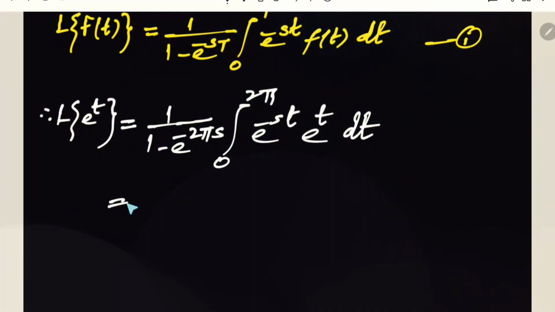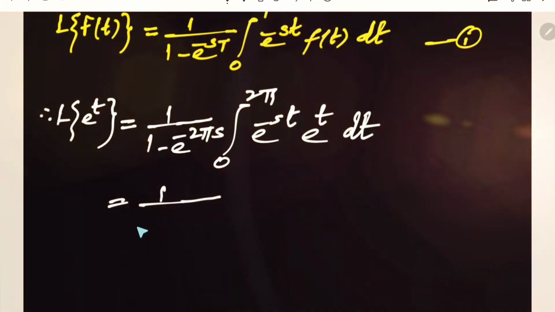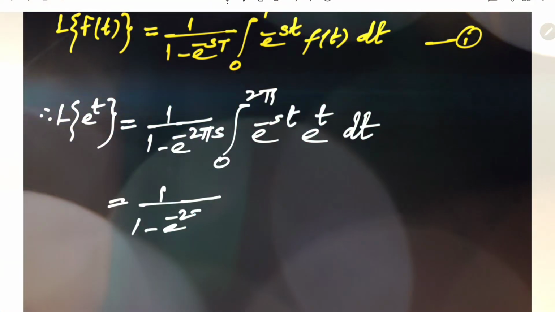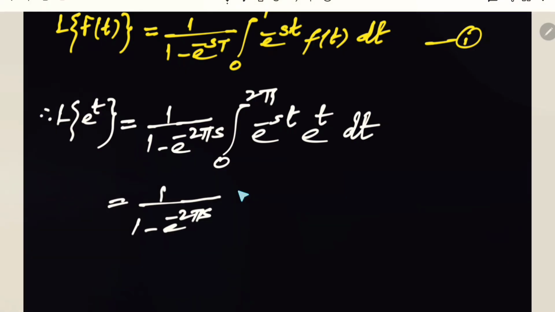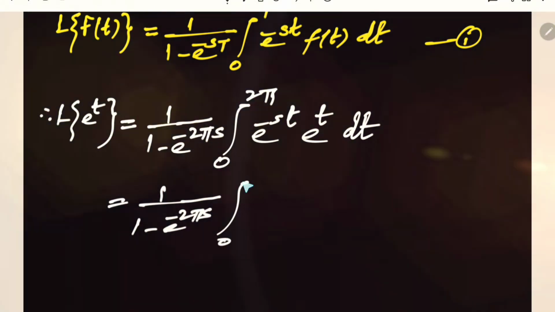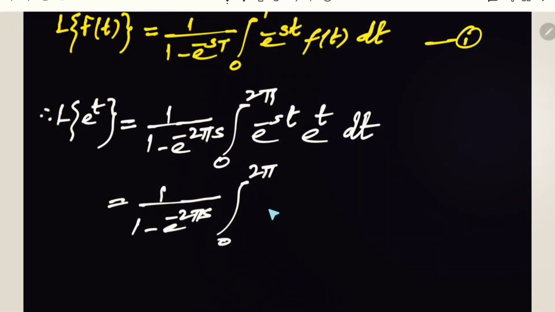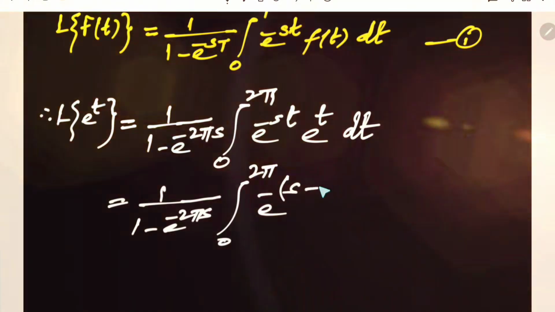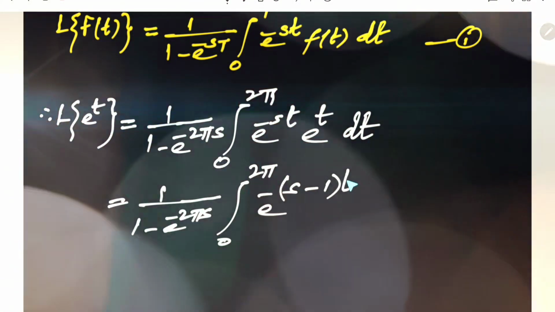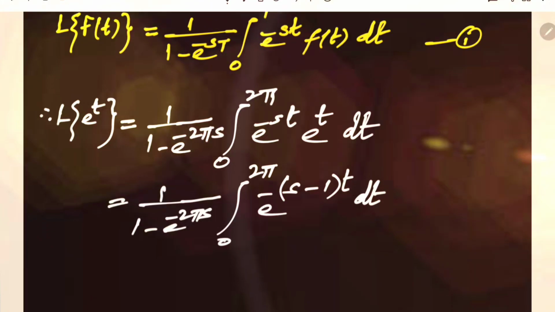Therefore, 1 upon 1 minus e raised to minus 2 pi s as it is, integration from 0 to 2 pi also as it is, and then combining the power of e by taking minus common and t common, minus of s minus 1 times t.